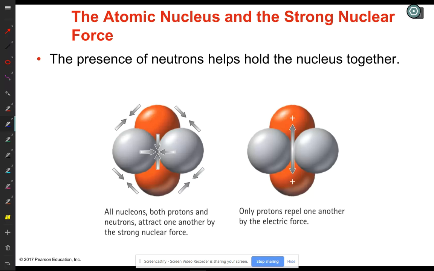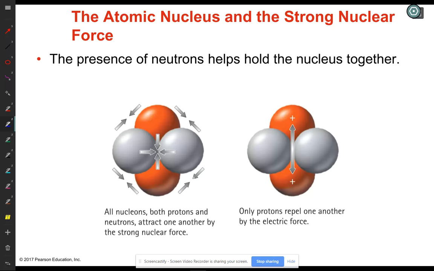Always attractive for the strong nuclear force. So we have forces pulling all of them together, but then we also have a repulsive force due to the electric force between the 2 protons. If we have more force holding things together than pushing them apart, it's going to stay together. So this helium forms a stable nucleus because of that.